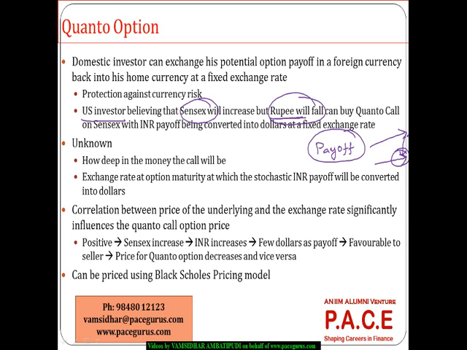So there are two unknowns, and that is where the correlation between these two unknowns is very important. Now, if you see, as the Sensex goes up, let's say even if the exchange rate is also going up, what does that mean?